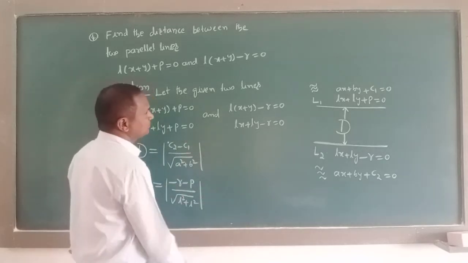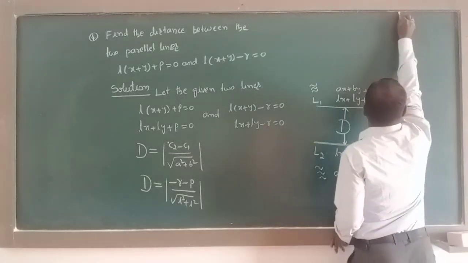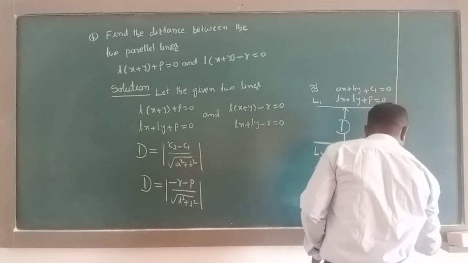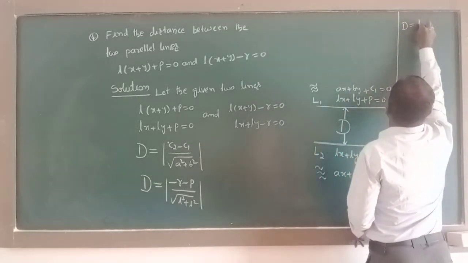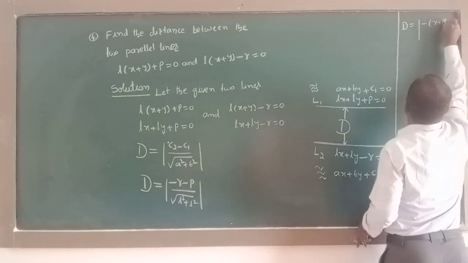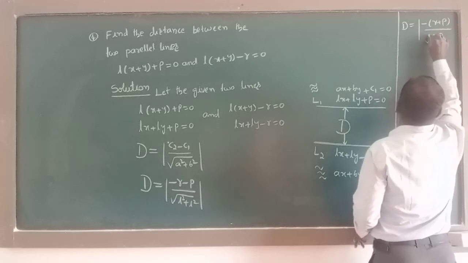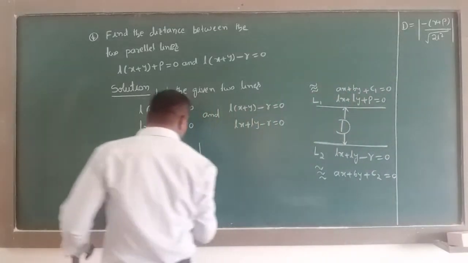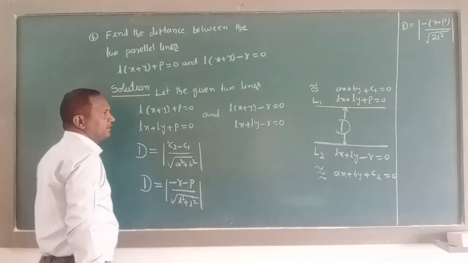It is equal to, we can write here, d is equal to, take minus common, then we will get minus of r plus p whole dividing by 2l square here, because l square plus l square becomes 2l square.